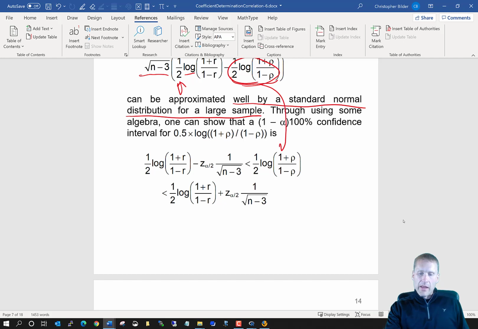So because of that, we could take what's in the middle here and find a corresponding confidence interval for it using methods that we've done before, where we have an estimator and a quantile from the standard normal, but now we also have this weird term, 1 over the square root of n minus 3. That's my left side. The right side of my confidence interval is exactly the same, but now I have a plus there instead.